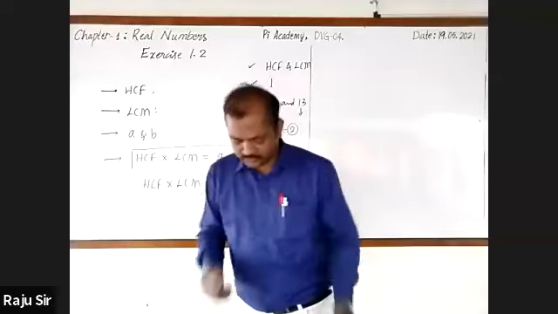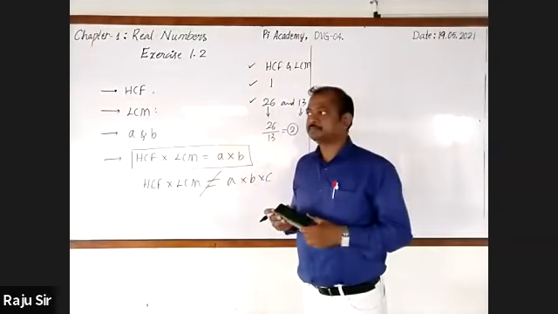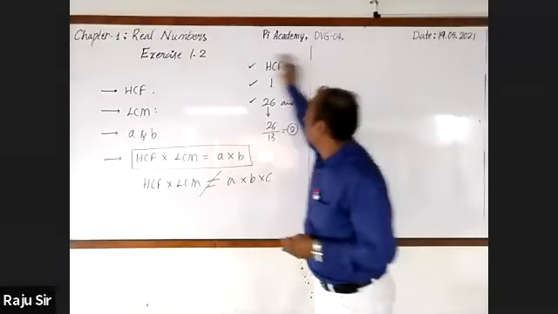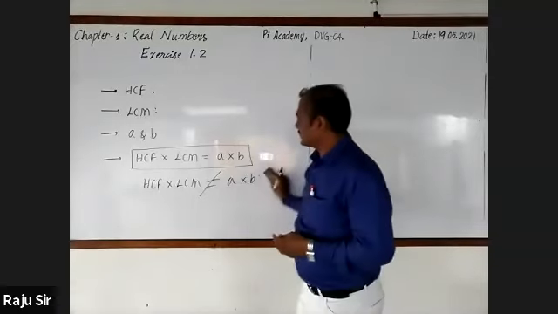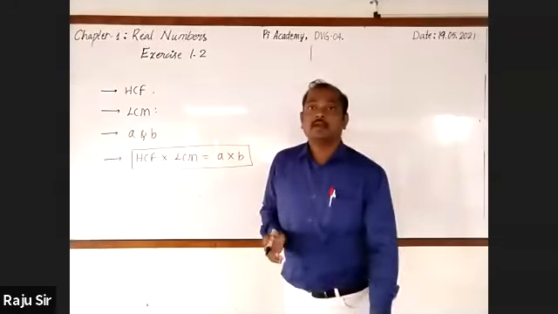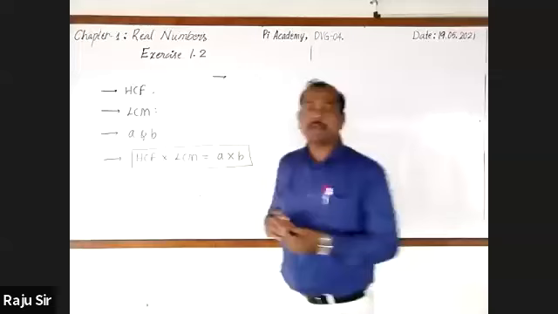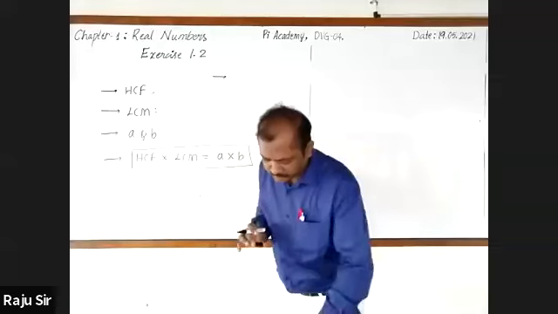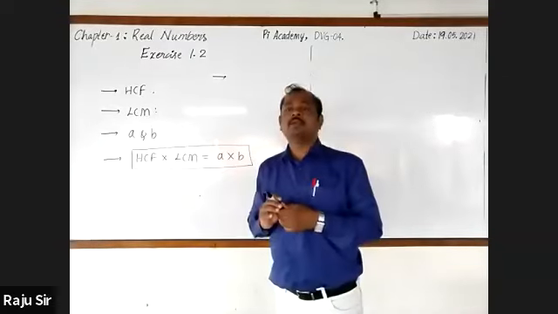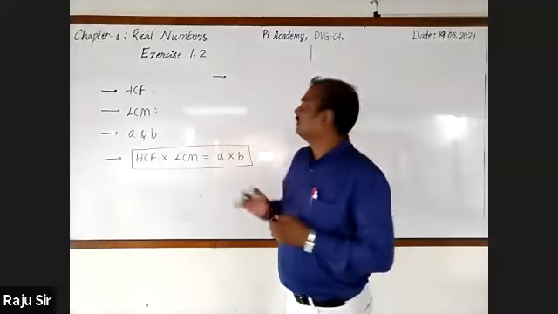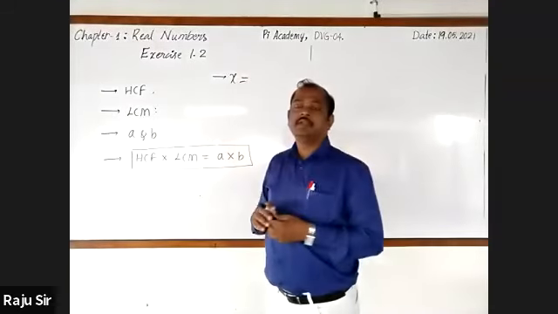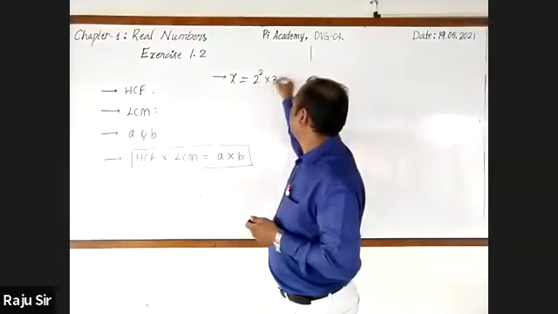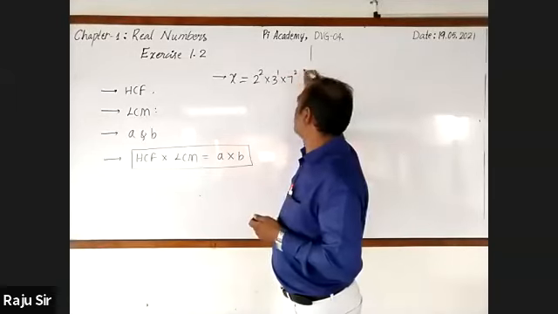In addition to that, we focused on finding the prime factorization of numbers. Dear students, in yesterday's class we came across the prime factorization of a number, maybe a small number like 140 and a big number like 7429. I take one of the numbers as X. Assume its prime factorization is 2 squared into 3 raised to the power 1 into 7 squared.